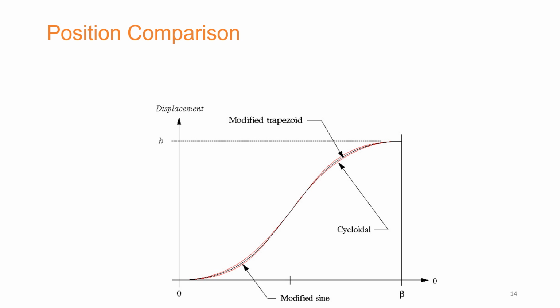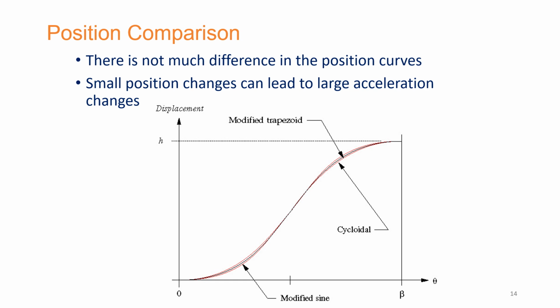However, in case of position, you would observe that there is only a minute difference between the selected curves, and this is a very good observation that you can make: a very little change incorporated in position is going to result in a big change exhibited in terms of acceleration, velocity, as well as jerk.